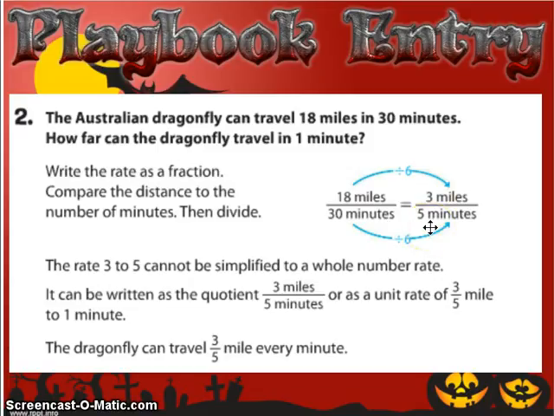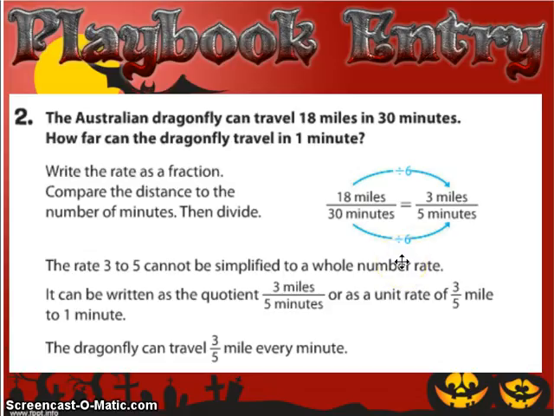But a unit rate, because we're trying to figure it out in 1 minute, has a denominator of 1. But if you notice, the answer is that the dragonfly can travel 3/5 mile every minute. But I don't see 1 minute here.